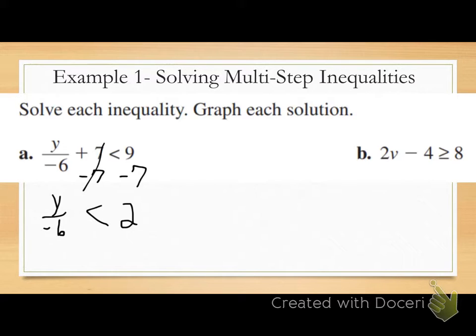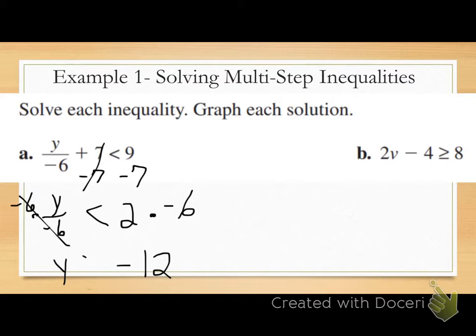Now, the term containing y is by itself. So now I can focus on getting y by itself. What do I need to do to both sides? Multiply both sides by negative 6. Very good. So I have 2 times negative 6, which gives me negative 12. Does my inequality symbol flip or stay the same?